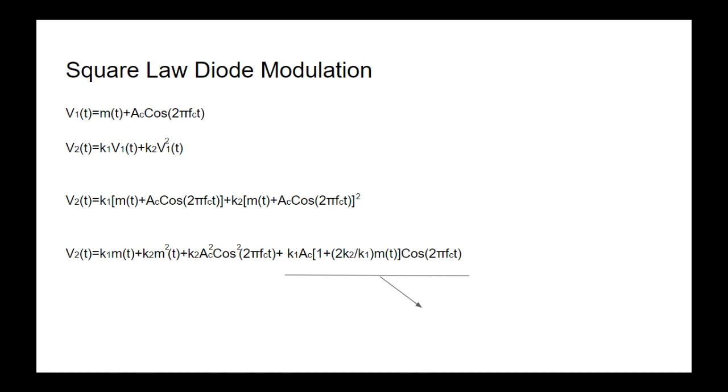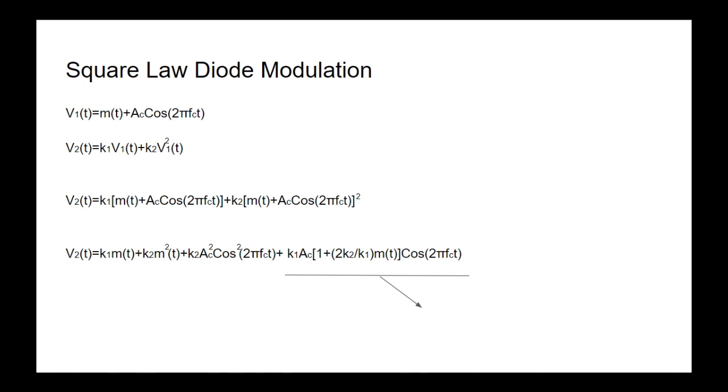When we simplify this, we get V2 is equal to K1 m(t) plus K2 m square(t) plus K2 Ac square cos square 2πfct plus K1 Ac multiplied by [1 plus 2K2 divided by K1 multiplied by m(t)] multiplied by cos 2πfct.